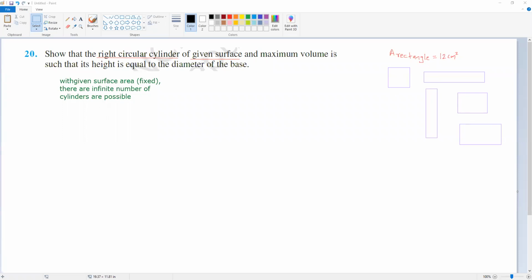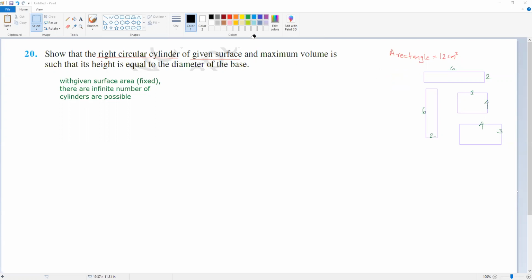Maybe a square with side is not possible here. Say length 6, breadth 2, or 4 and 3, or 3 and 4. These are rough pictures. So like this we can have many rectangles.